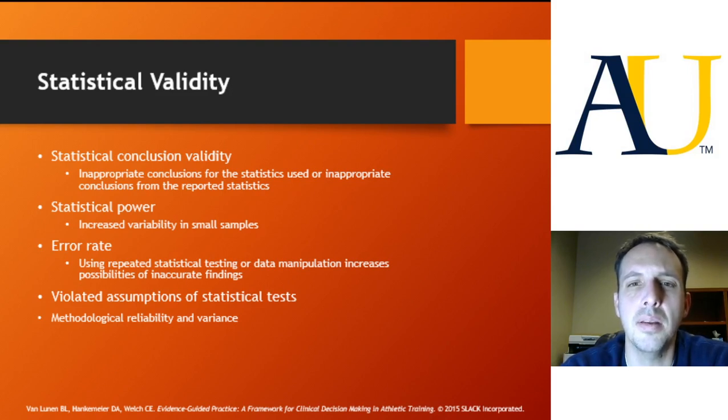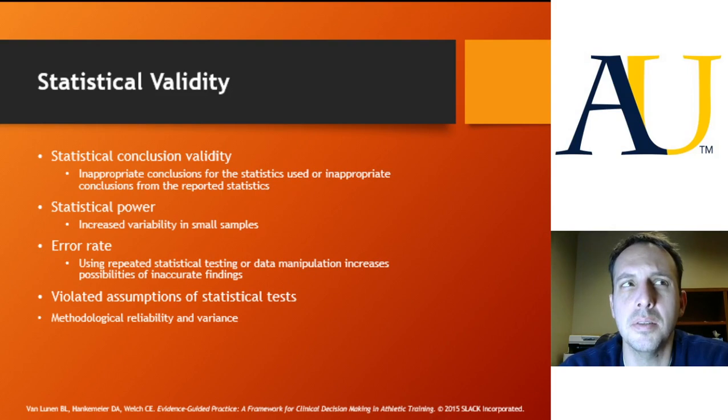But as we talked about in our statistics discussion, if researchers are going beyond the statistics to describe things that the statistic does not do, either by misrepresenting what their p-values are and the difference between significant and clinically relevant differences, or by using descriptive statistics to describe causation, we would then have a threat to the statistical validity of the conclusions to interpret the actual differences between groups.